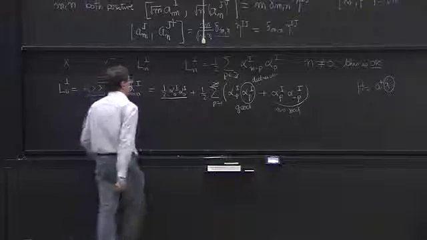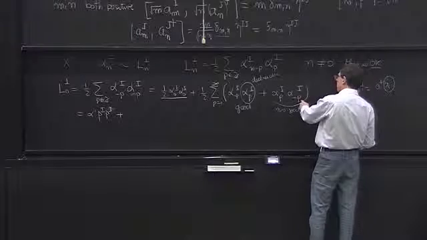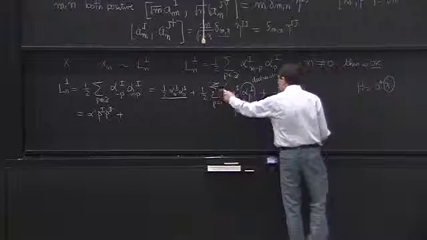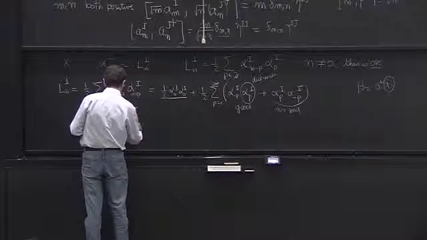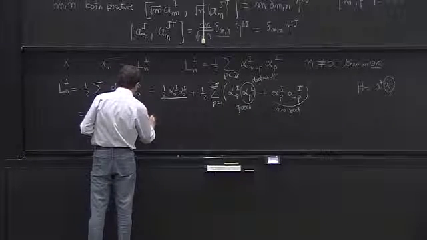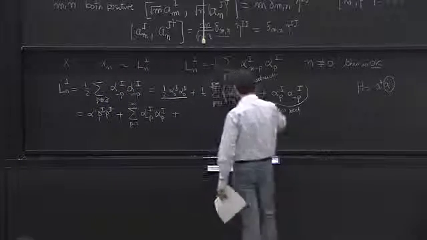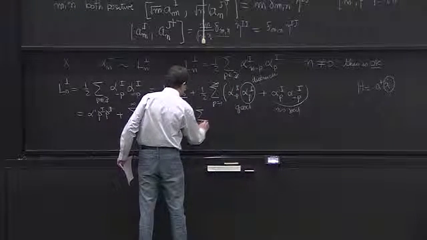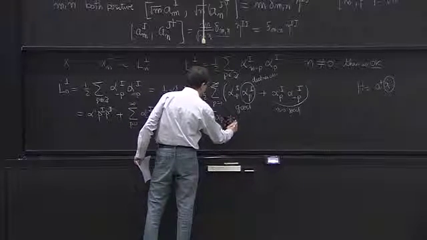Plus, now let me replace this by the thing in the opposite order plus the commutator. The thing in the opposite order is going to be identical to that, so this 1/2 will become 1. So we get the sum p equals 1 to infinity of alpha_{-p}^i alpha_p^i, plus the sum of the commutators: 1/2 sum from p equals 1 to infinity, the commutator of alpha_p^i with alpha_{-p}^i.